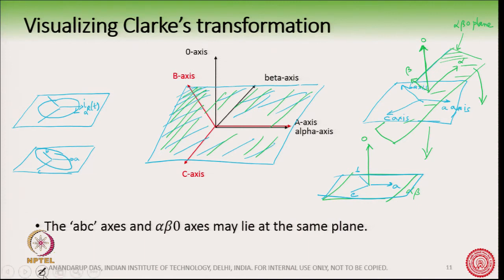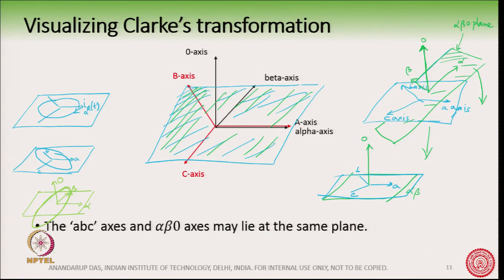Now, in case of alpha beta 0, how do you see it in the alpha beta 0 domain? You see it this way. You have the alpha, beta and the 0, and basically this is a 3-dimensional space vector.